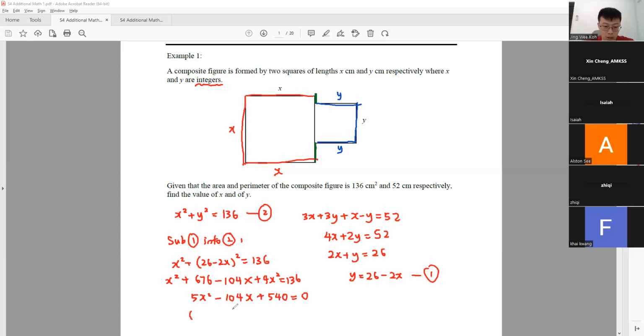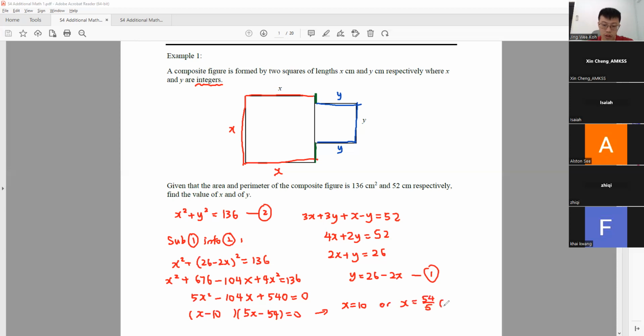You factorize this, you will get x minus 10 by 5x minus 54. Okay, so from here we know that x is equals to 10 or x is equals to 54 over 5.